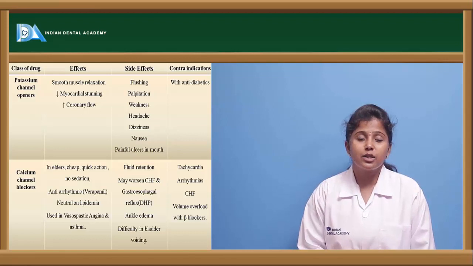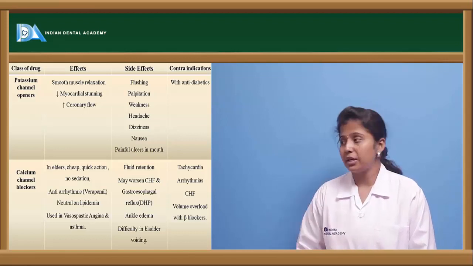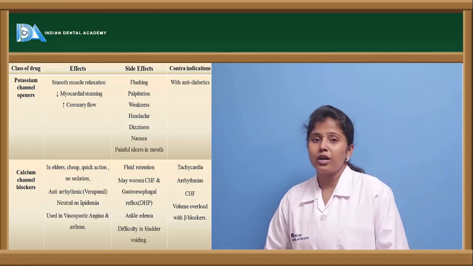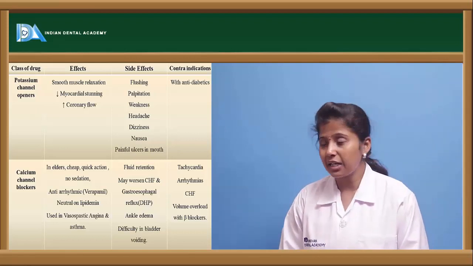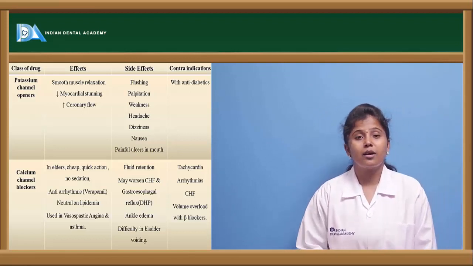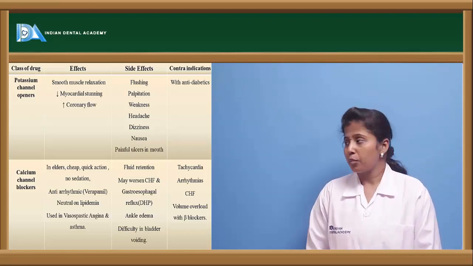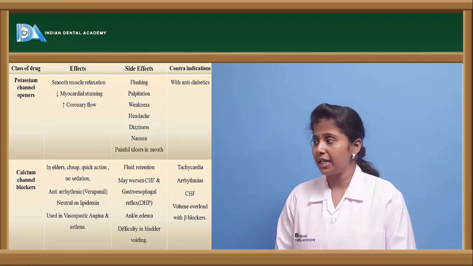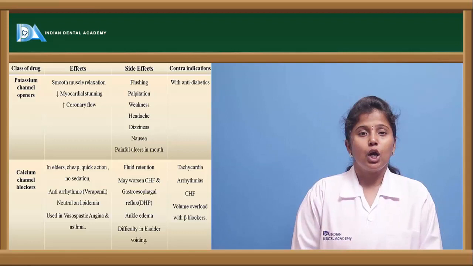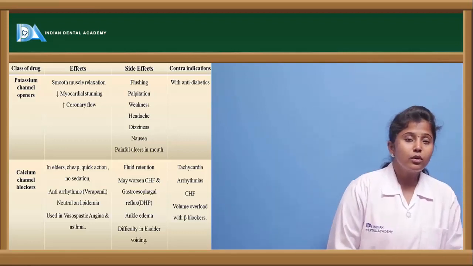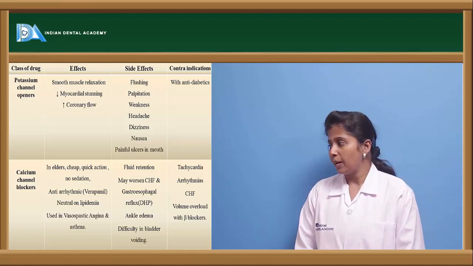The gastric contents will be regurgitated or moved up into the esophagus, leading to esophageal ulcers, and it will cause edema or inflammation in the ankle region, and there will be difficulty in bladder voiding. So the bladder emptying will not be proper, and these drugs should be contraindicated in tachycardia, arrhythmia, congestive heart failure, and even volume overload caused by beta blocking drugs.